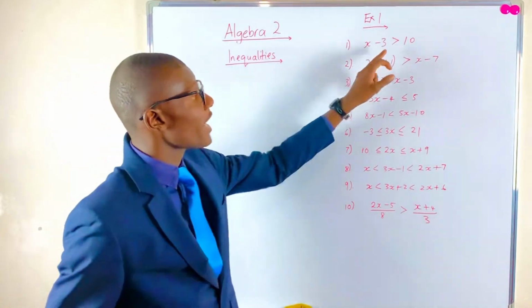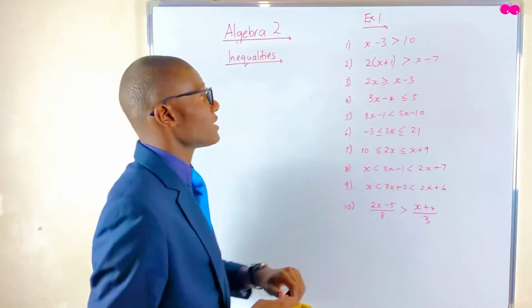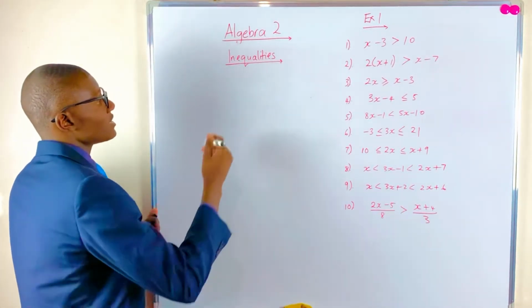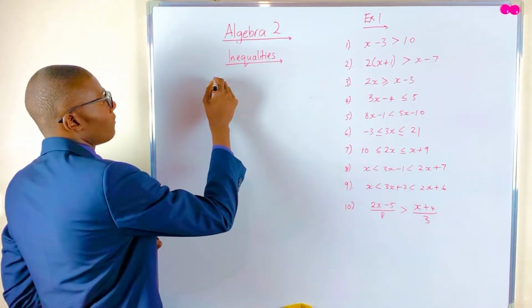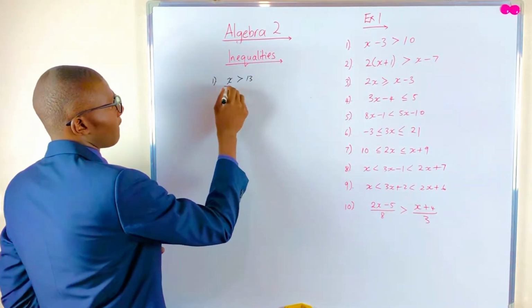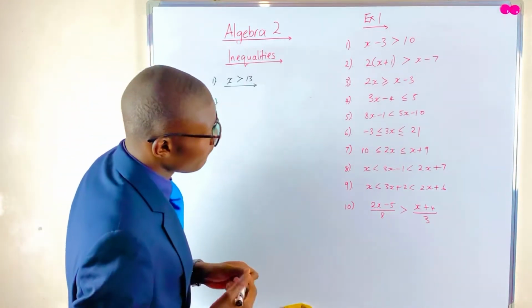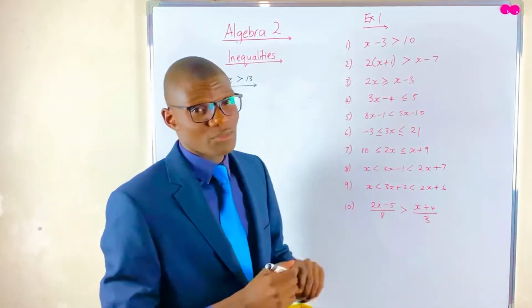So solving for x, just the normal way we would solve an equation, we're taking -3 to the right hand side, and as well the sign changes, such that we've got x being greater than 10 plus 3, which is 13. Just that.